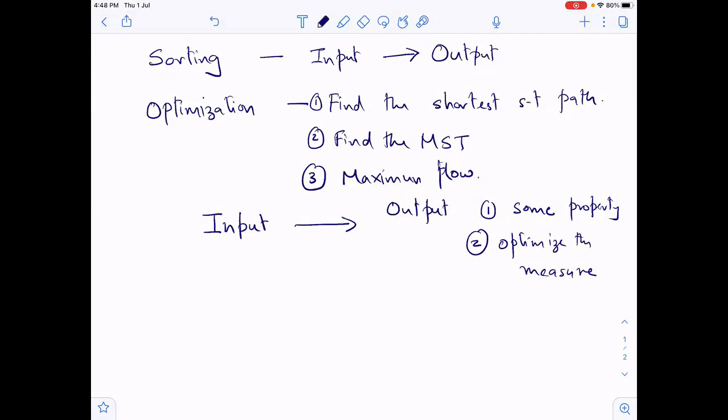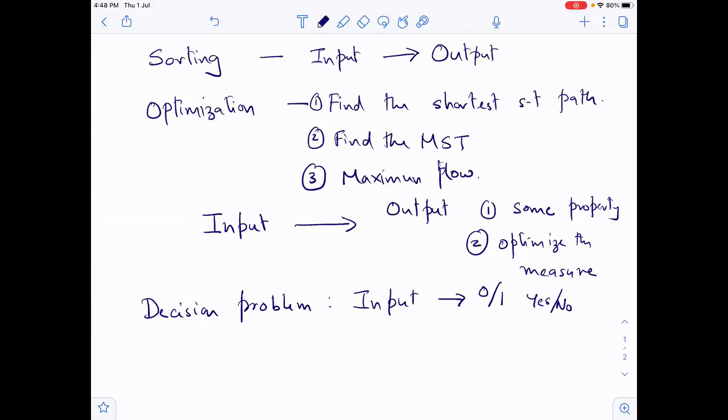Now, today we will be looking at a slightly different problem, called decision problems. What are decision problems? You are given an input and the output is either 0 or 1, or you can think of it as yes or no. The questions are of the form: is there something?